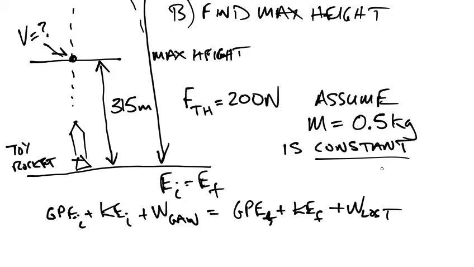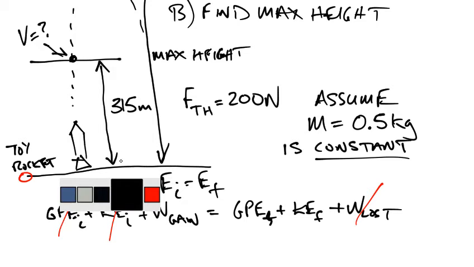Now, there is no work lost in this situation. Usually work lost is to friction. Initially, also, the rocket starts at level ground, so there is no gravitational potential energy initially. Also, the rocket starts from rest. There is no initial kinetic energy. Okay?